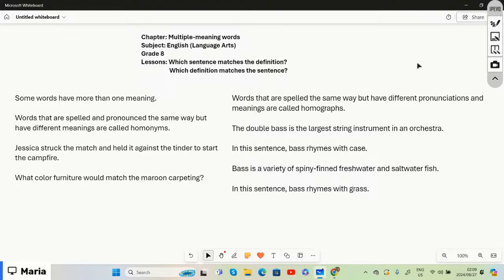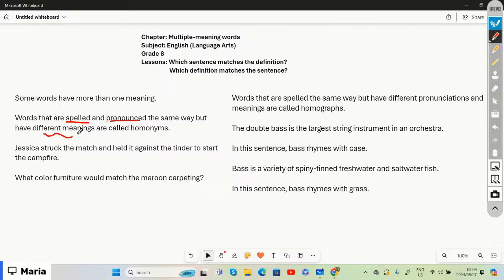Words that are spelled as well as pronounced the same way, but they have different meanings, we call them homonyms. So homonyms are words that are spelled the same way, they're also pronounced the same way, but they have different meanings.